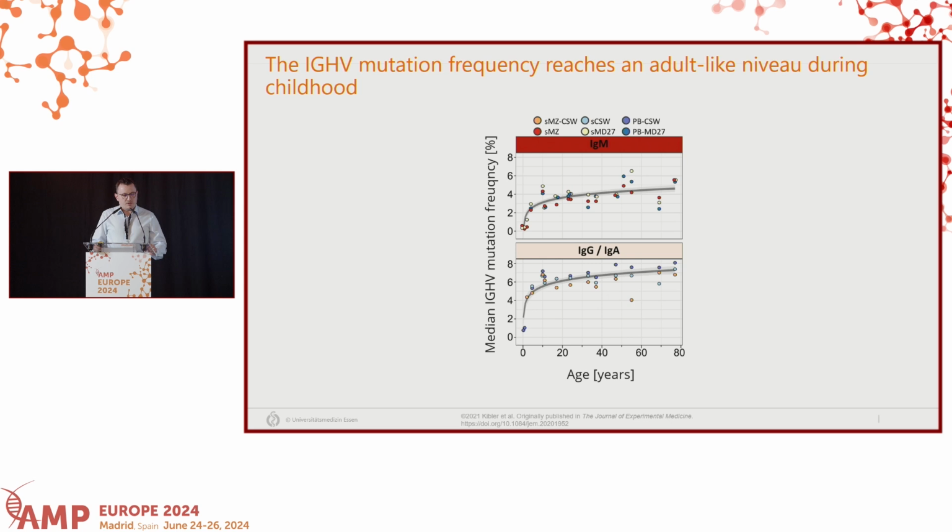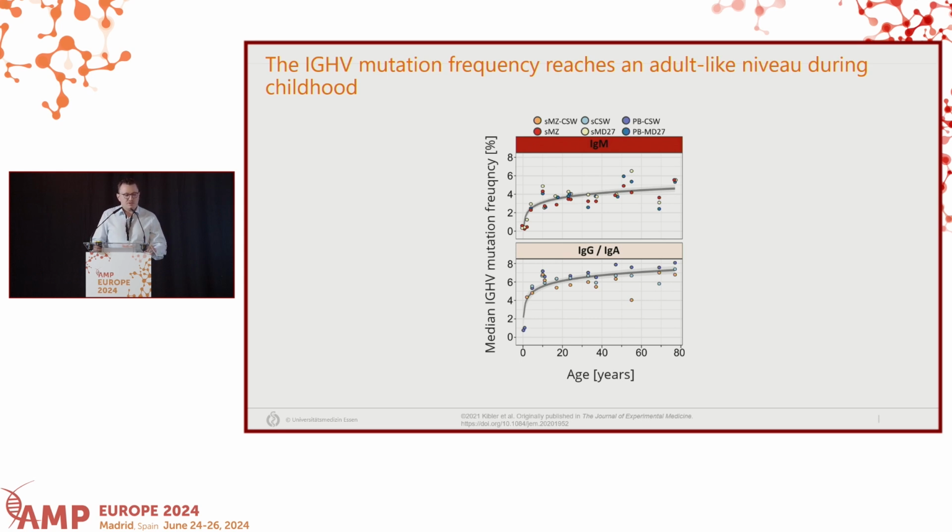So first of all, this is a basic analysis of the median mutation frequency of the IgH heavy genes. And as you can see, which is expected, in small children, the mutation frequency is quite low. These individuals lack an immune history, and it is only built up over time.